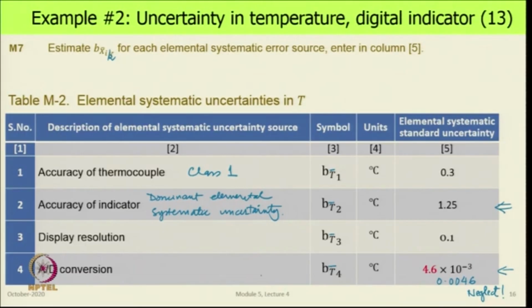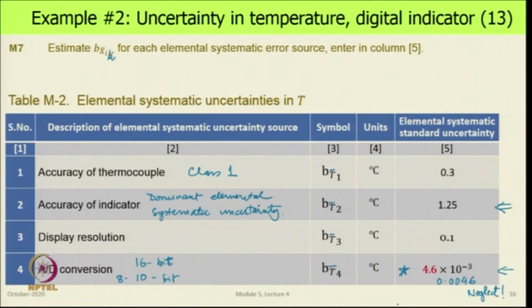A to D conversion, this is more than good. We have 16-bit converter, that is really good. Had we used say an 8 or a 10-bit converter, this number would have been comparable to say this or this, and then uncertainty coming in due to A to D conversion, that would have been significant.